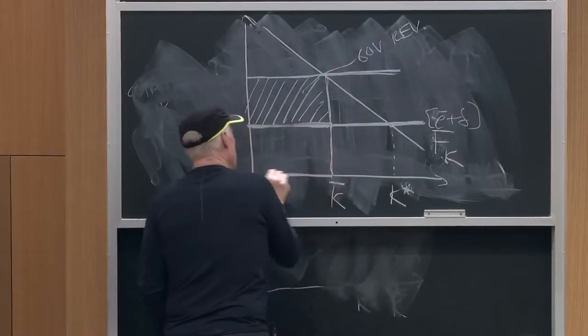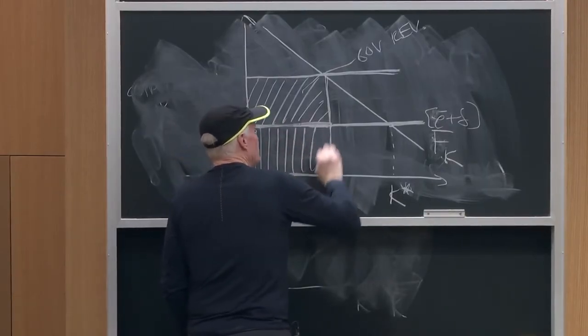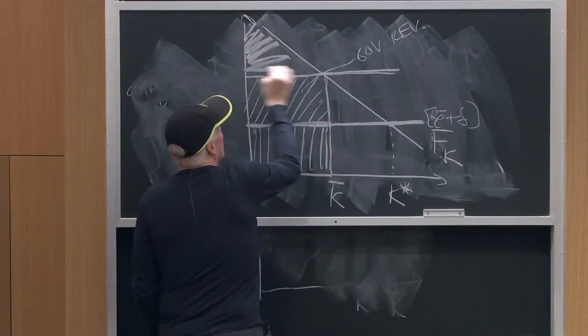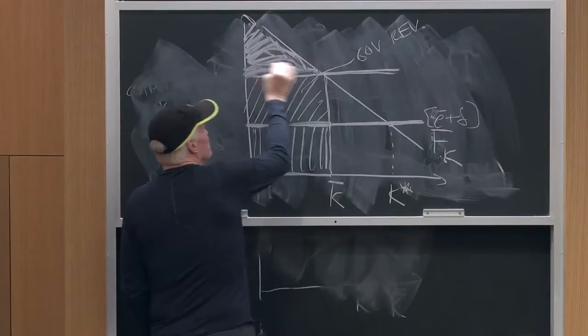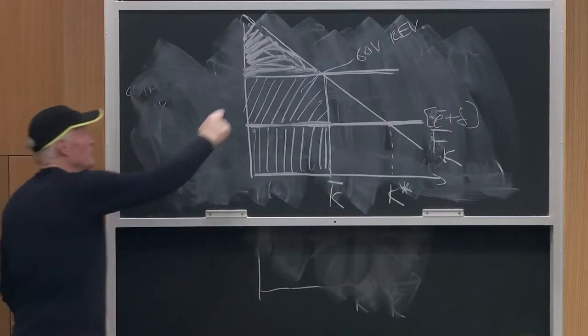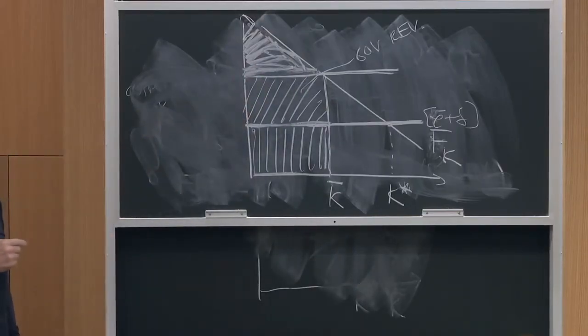And this would be received by the capital owners. And this would be what's received by the workers, but the workers would also get F0, right? Then we get F0 plus this triangle. That's what workers would get. They would get F0 plus the triangle, right?